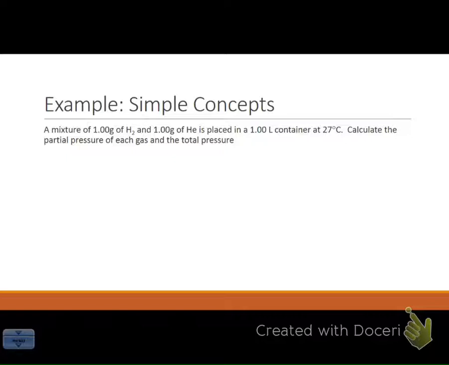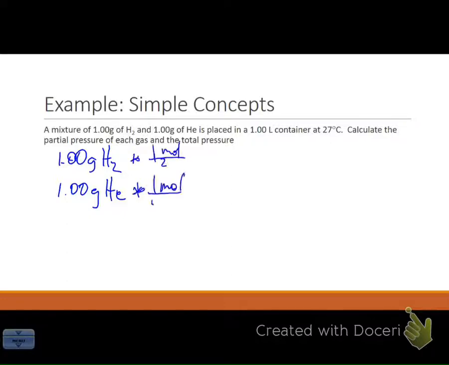Alright, so let's go ahead and do the most obvious thing here, and that's convert each of these grams into moles. So for hydrogen that's going to be H2, so it's 2 grams, and for helium it's going to be 4 grams.